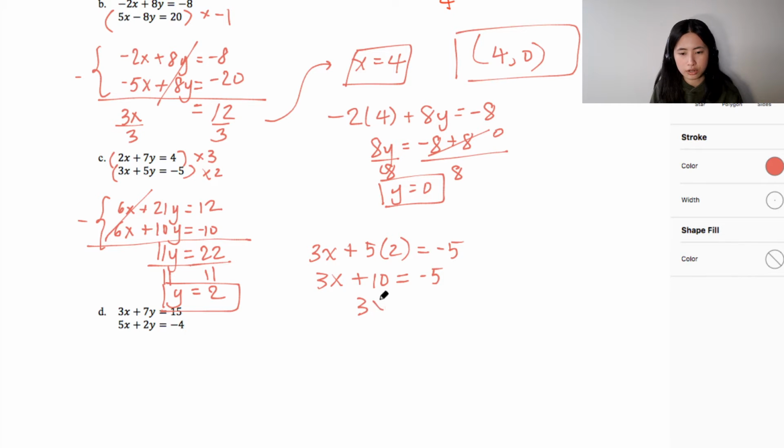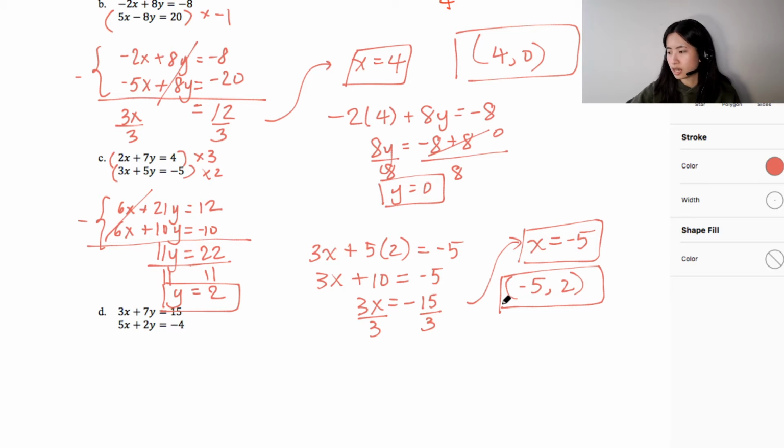Then you're going to get 3x is equal to, so this becomes negative 10, because you're moving that to the opposite side, so you get negative 15 divided by 3. As a result, you're going to see that x is equal to negative 5. So your solution must be negative 5 comma 2.